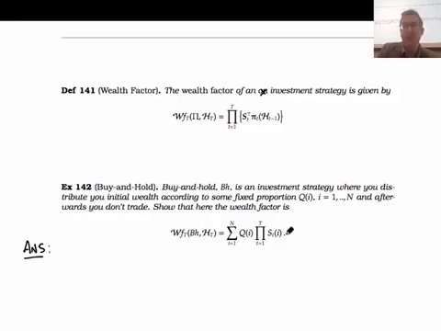Notice S_1 of i is the amount that I multiply my wealth by at time 1 in asset i. And then I multiply it by this at time 2, all the way up to the final time. So that's the total amount of money that you would get if you put all your money in asset i.